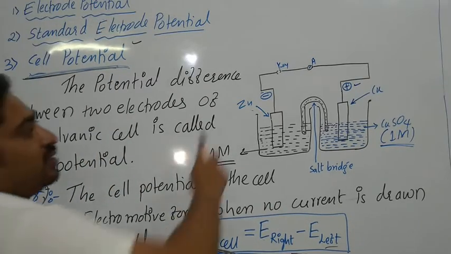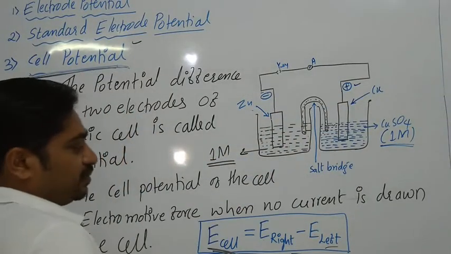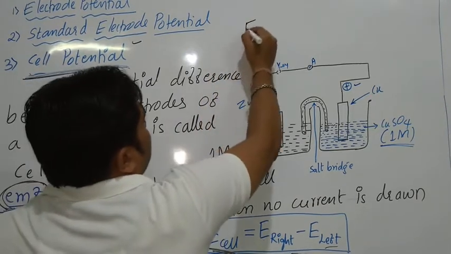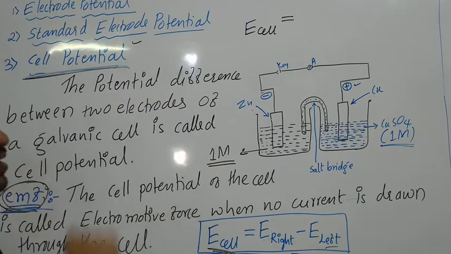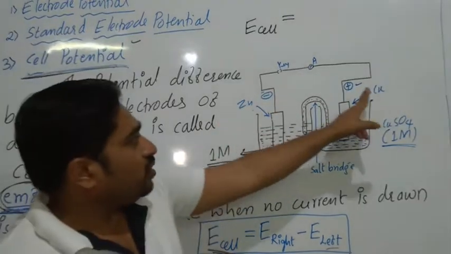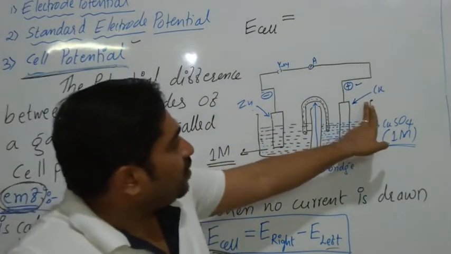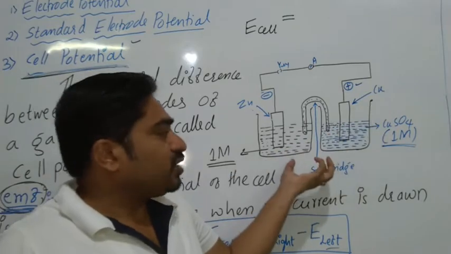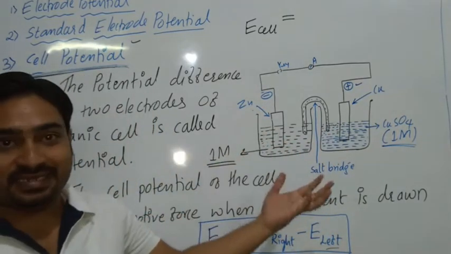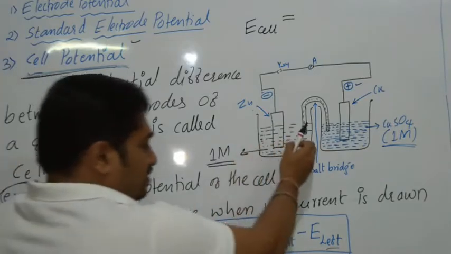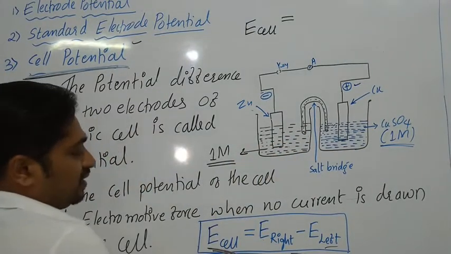So in this arrangement, E cell can be calculated as follows. This is our zinc in contact with copper. Zinc with copper means which cell? It is an example of the Daniell cell. So for this Daniell cell, let us calculate E cell.